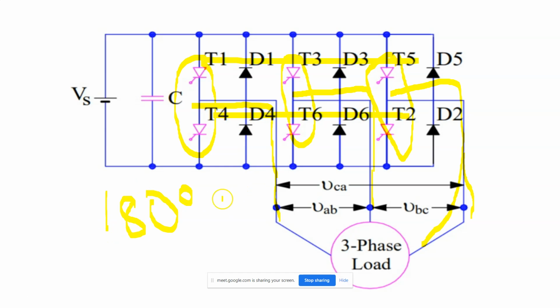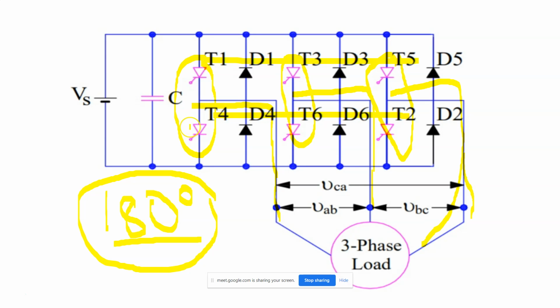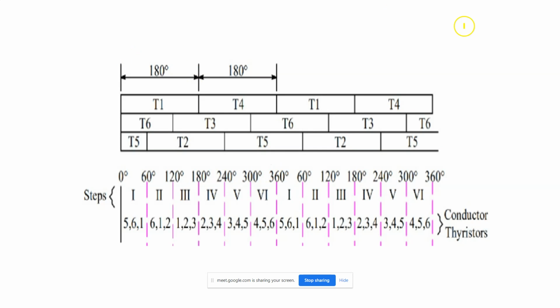As I said, we are going to see 180-degree conduction mode. 180 degrees means each thyristor will be conducting for 180 degrees. So here is the conduction diagram.